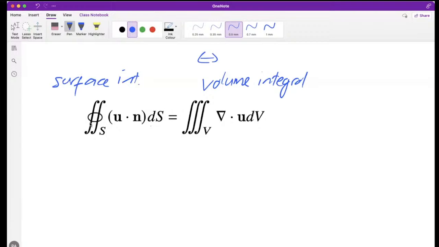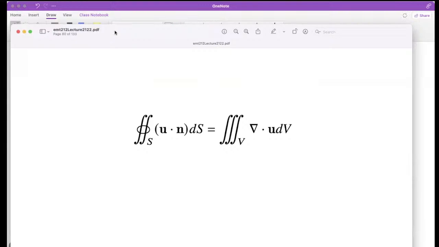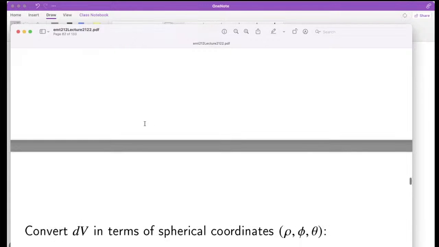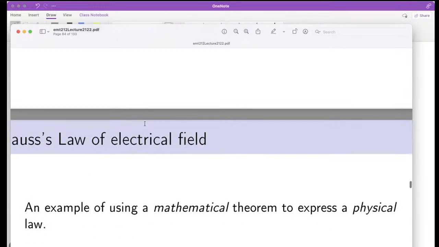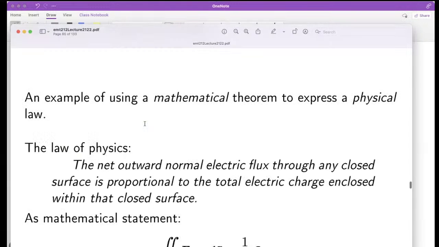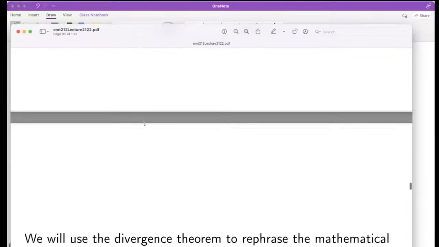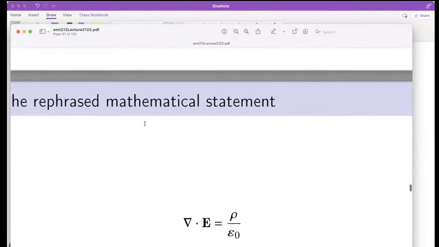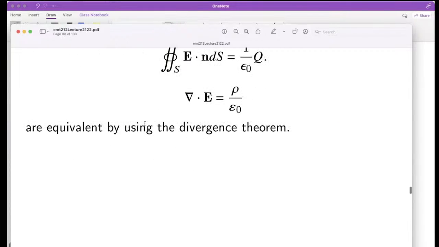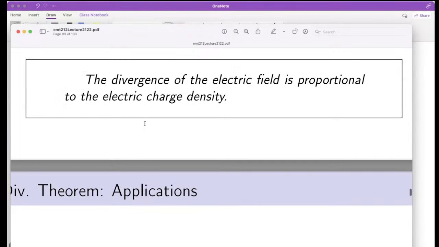As you can see from the book, from this divergence theorem, so let me just, I don't think I have it in here. Okay. This is the application in electrical engineering. Yeah, this one. Okay.